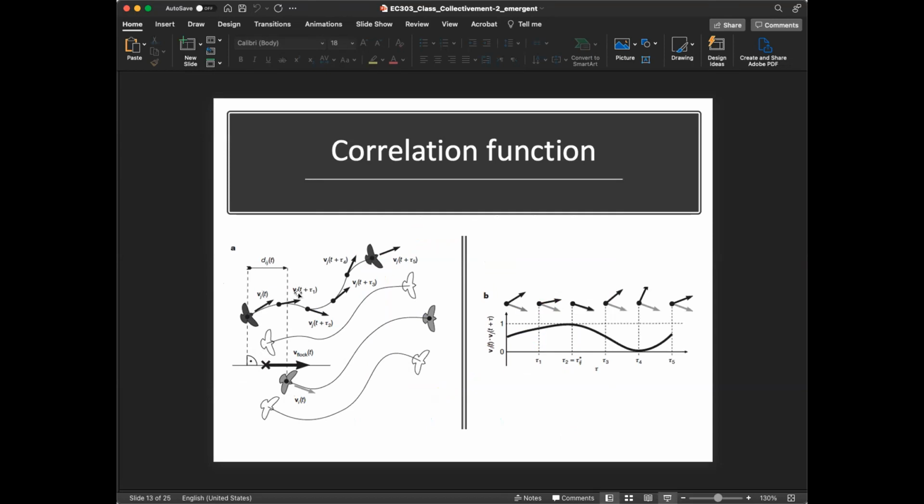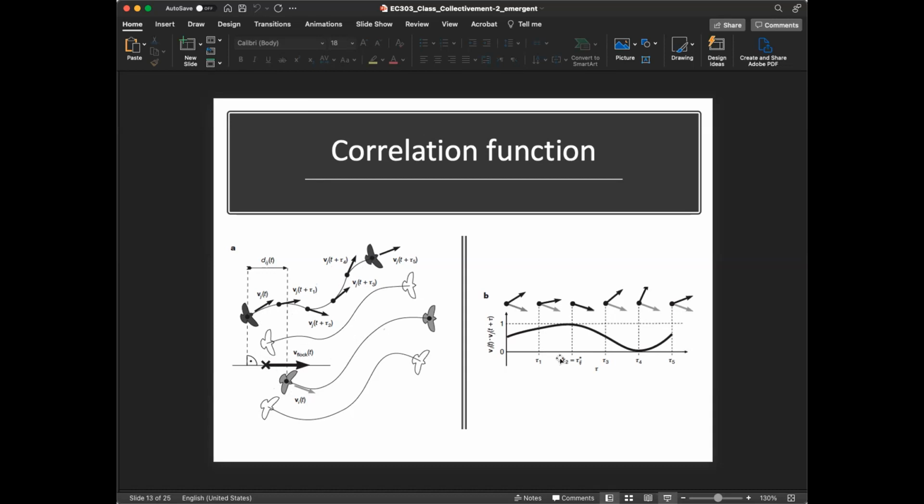That becomes another Vj at t plus tau, and it is changing as it moves like this. At every point you have some velocity Vj as a function of time. Likewise, Vi has some velocity as a function of time, whereas V flock is the average of the entire flock, of all the 10 individuals.